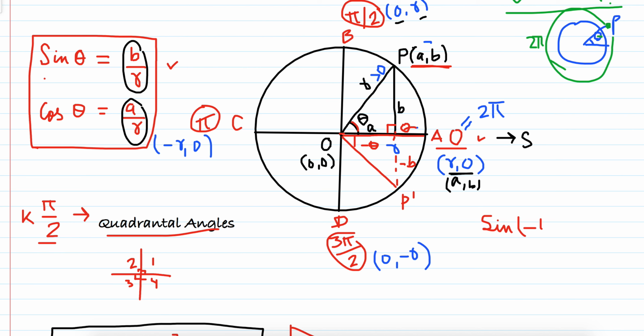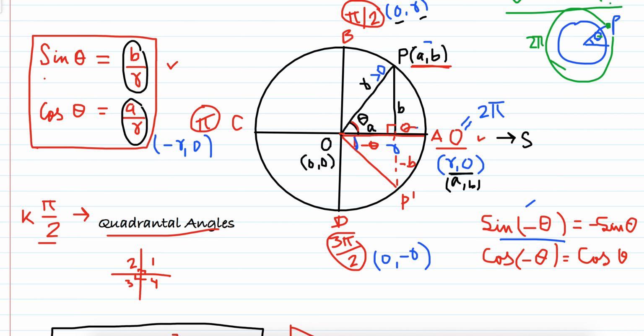So sine minus theta is equal to minus sine theta, because sine theta will become negative for negative theta, but the value of cos theta still remains the same. So we could have written this is minus theta, our new angle.